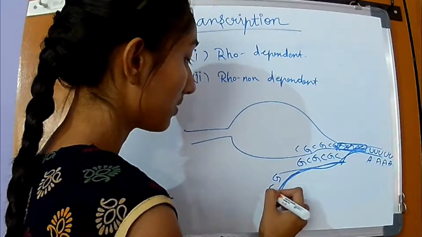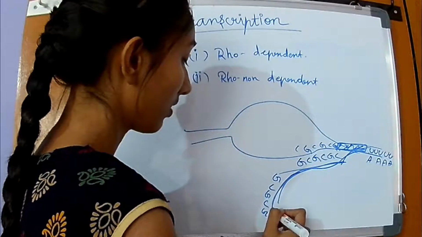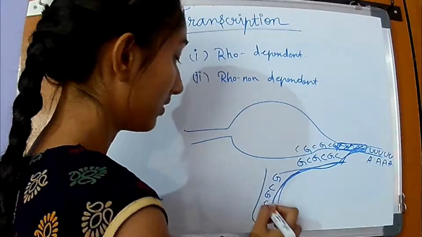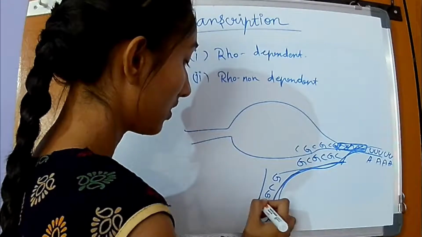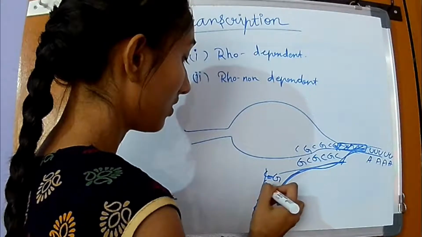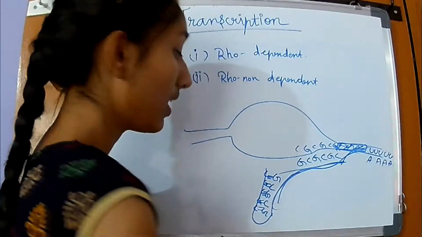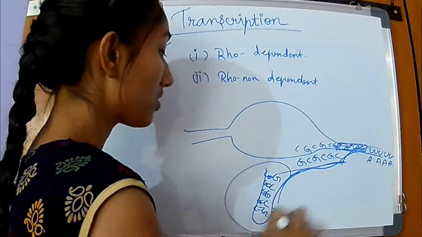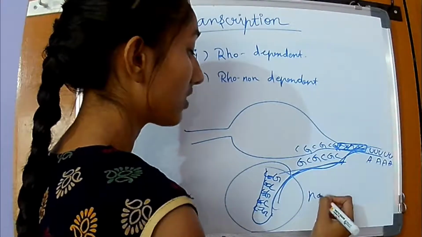Suppose this is it; it will form three hydrogen bonds between them, and there is a formation of a hairpin-like structure.